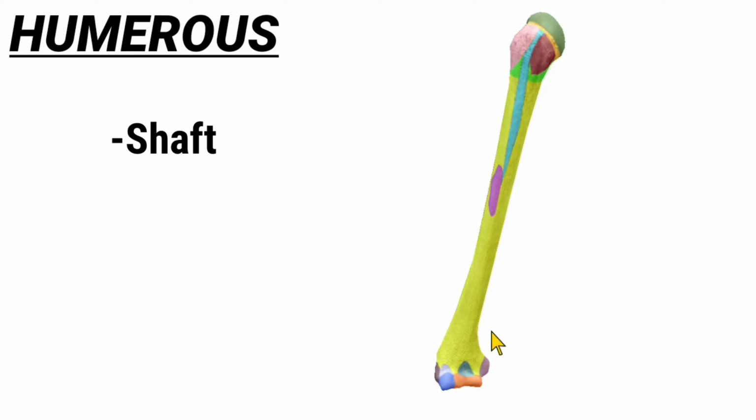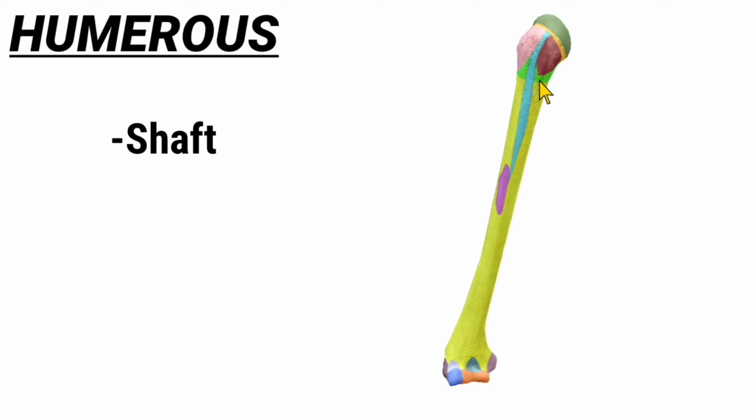About the medial border. The upper end of the medial border is formed by the medial lip of the intertubercular sulcus. In the lower part there is formation of the medial supracondylar ridge, formed by the lower part of the medial border.